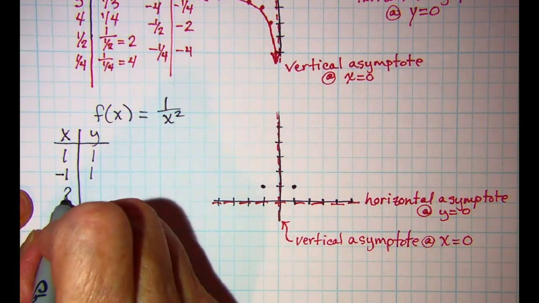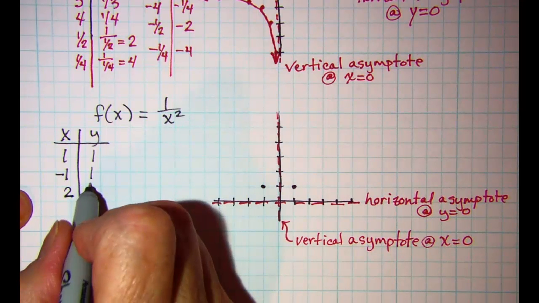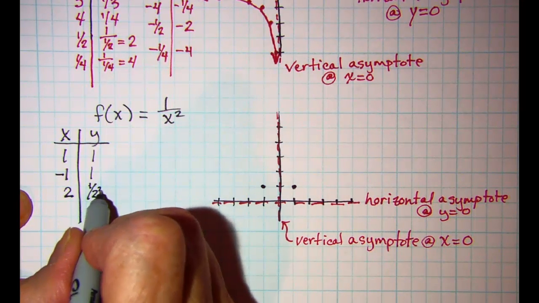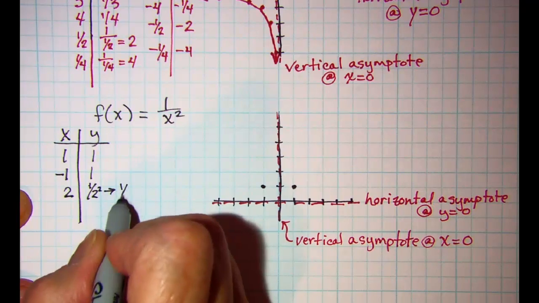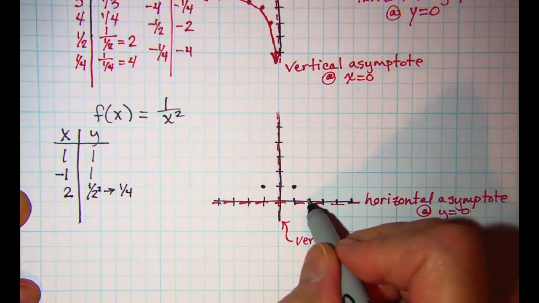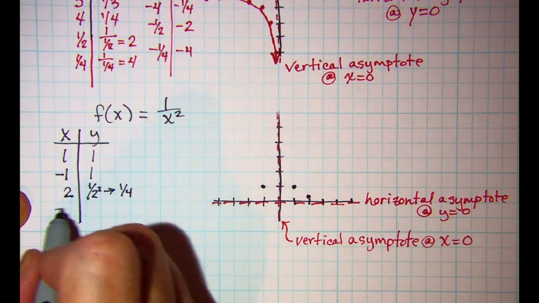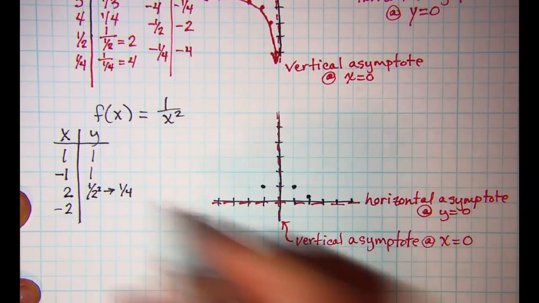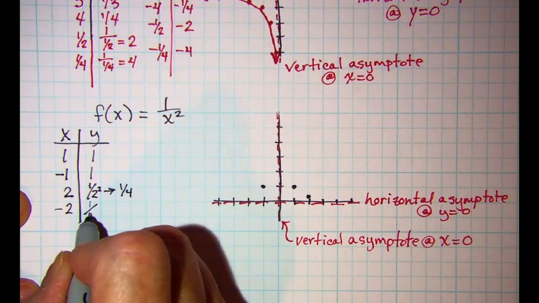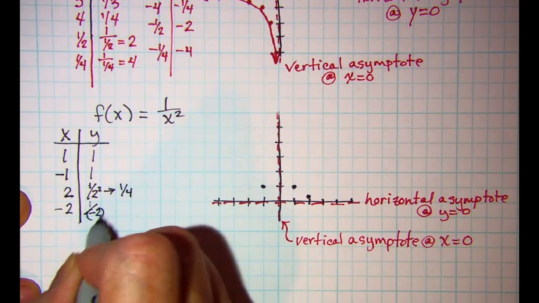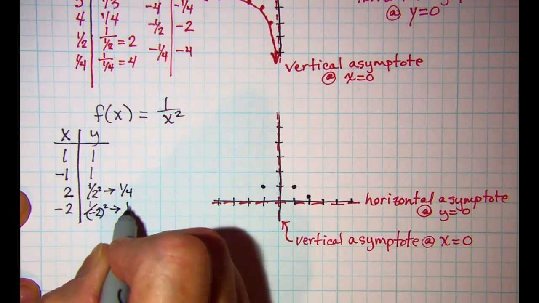When x is 2, we have 1 over 2 squared, which is 1/4. When x is negative 2, we have 1 over negative 2 squared, which is also 1/4.